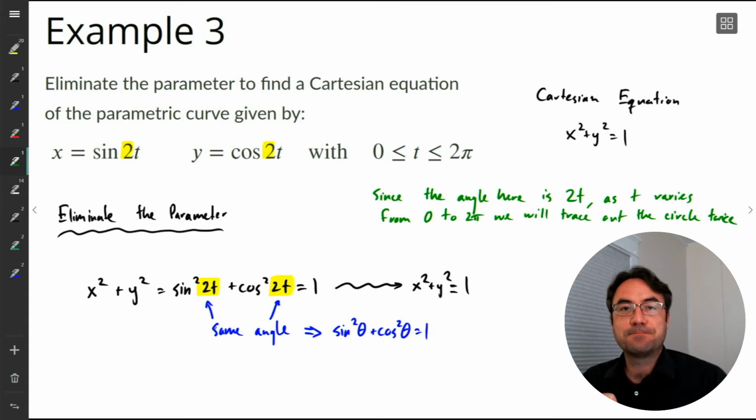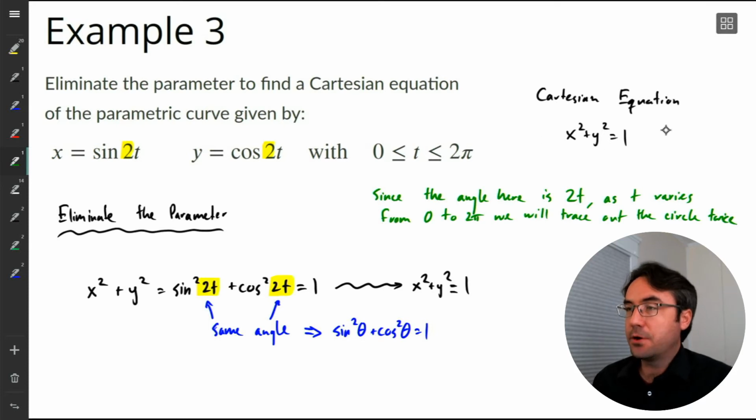So this is the thing about parametric curves: yes, there's the underlying Cartesian equation that describes the collection of points, but there's a lot more information encapsulated in these parametric equations. There's going to be different starting points, different ending points. There's going to be a direction that we go around the circle.